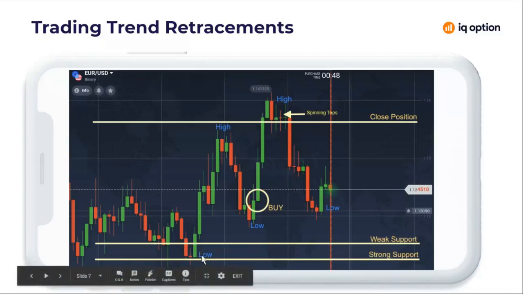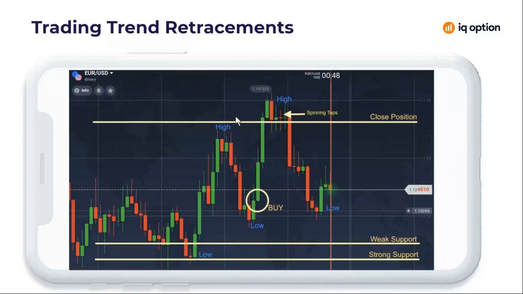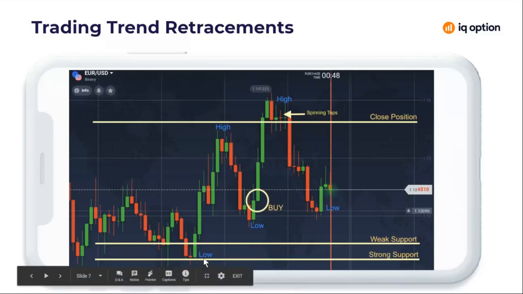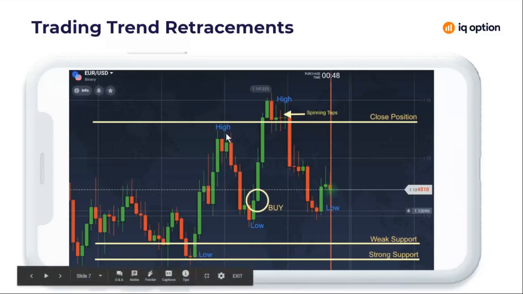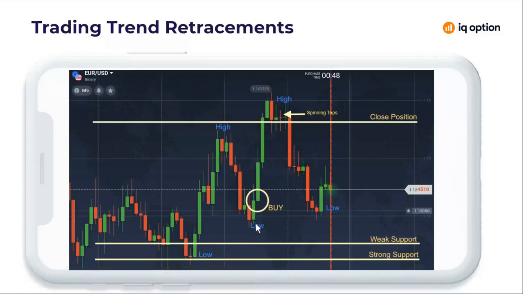As you've identified your high high and your high low, you are going to be following this pattern. As soon as it hits the next low, you place the buy position until it enters the new high high.